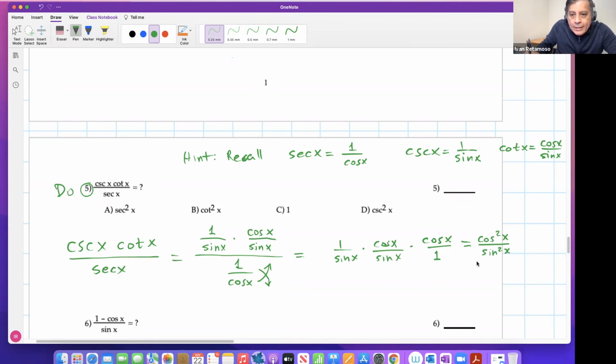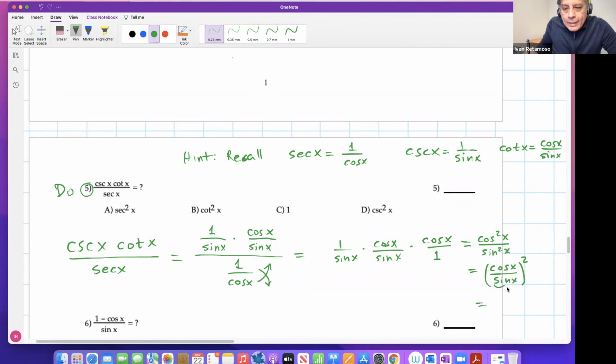Interesting form. But now notice, and here comes the tricky part, this is just cosine of x over sine of x, all of that squared, because exponents can be distributed over quotients. So with a little backward thinking, from here you can get this.